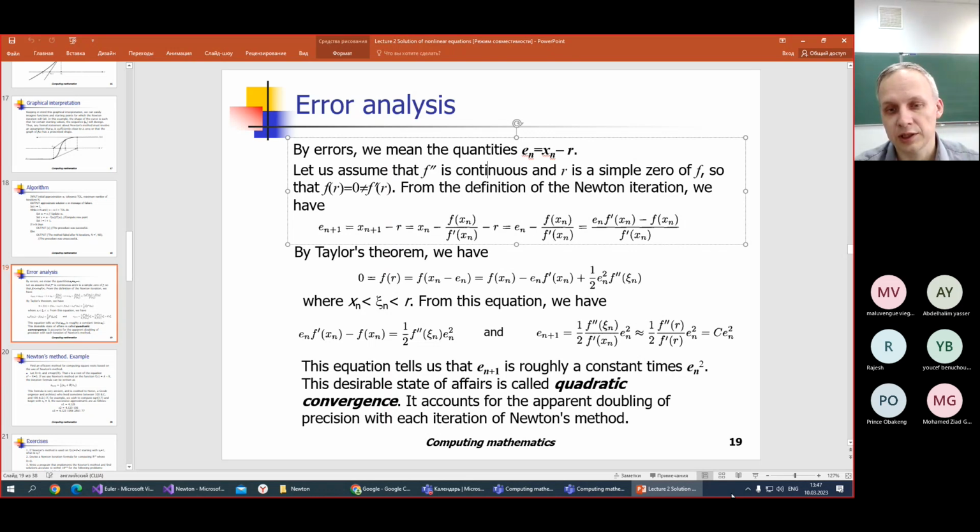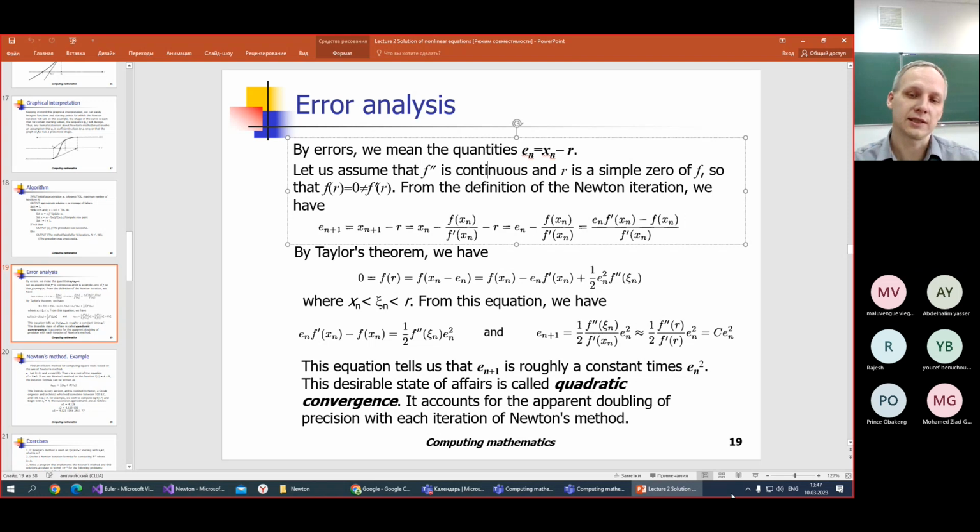It means that the precision of the real solution is doubling with each iteration of Newton's method.